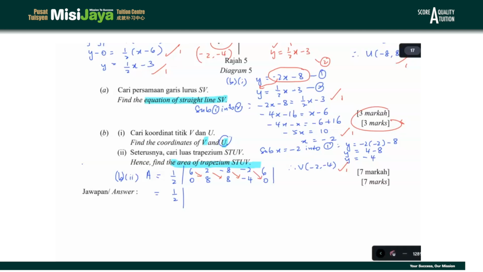We're going to write this down first. So 6 times 8 plus 2 times 8 plus -8 times -4, and then plus -2 times 0.